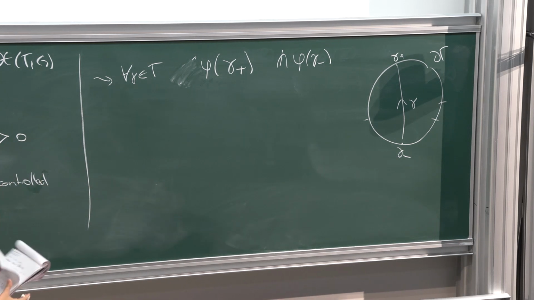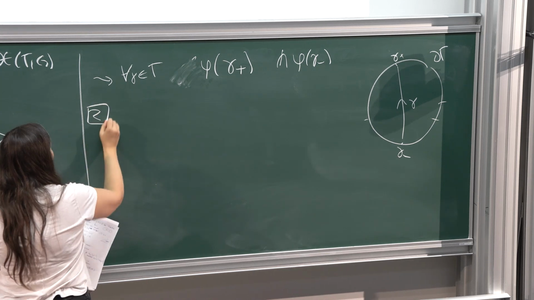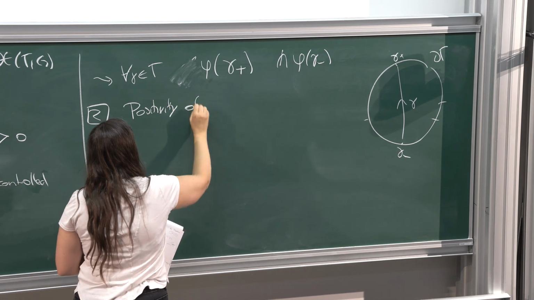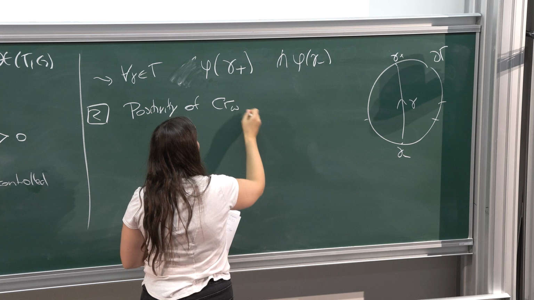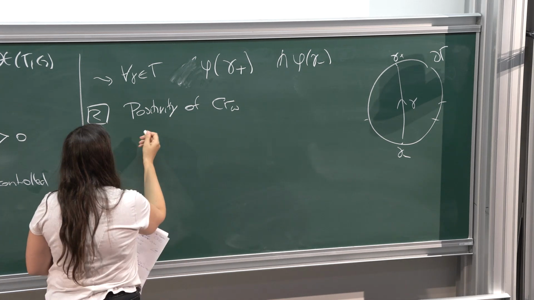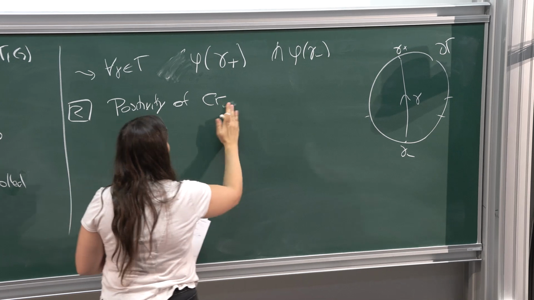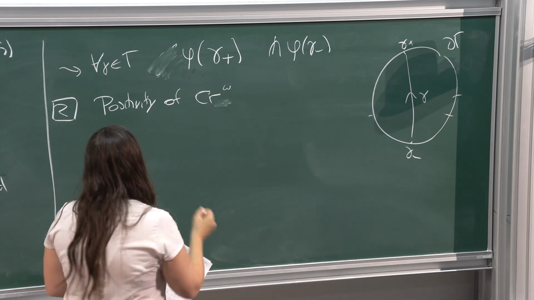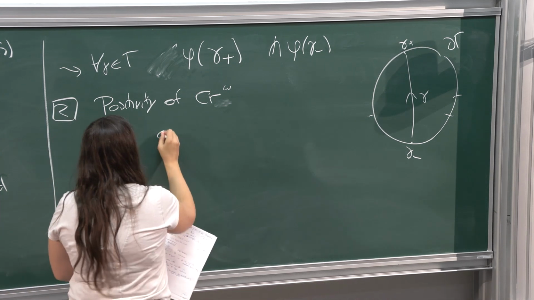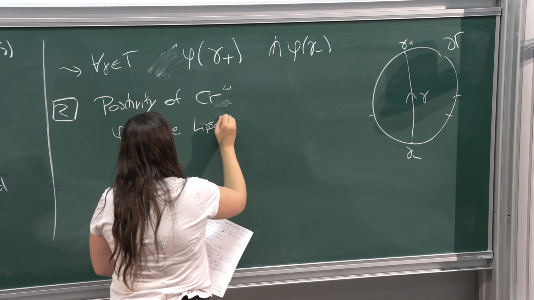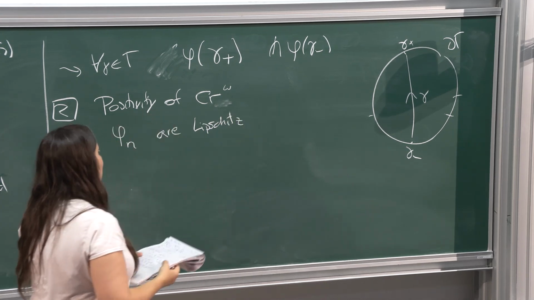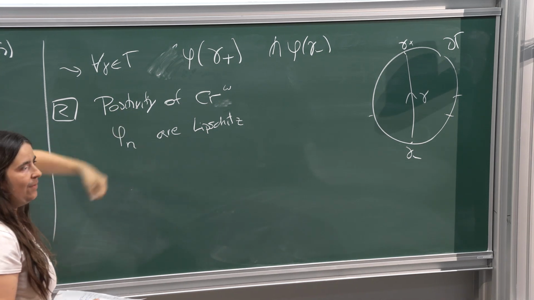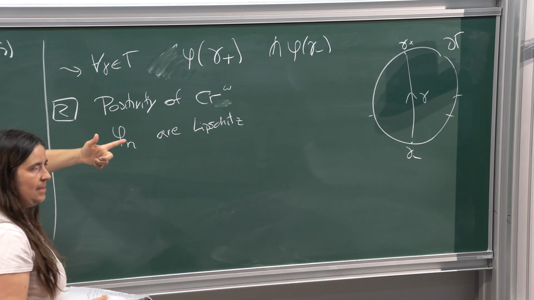So the second step is to show that the positivity of the cross ratio of CR omega, this was the result that we were discussing yesterday, tells me that phi n are Lipschitz in some suitable way, not quite, but like are Lipschitz as submanifolds, like are rectifiable as submanifolds of the flag space.